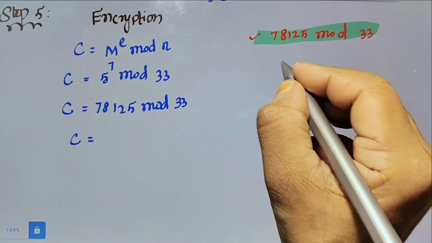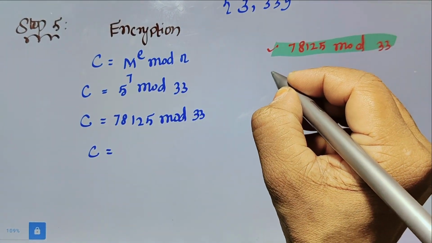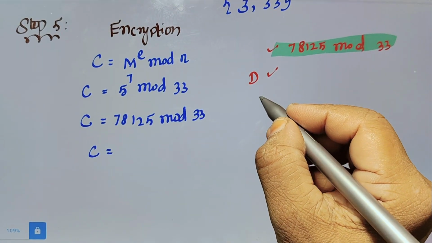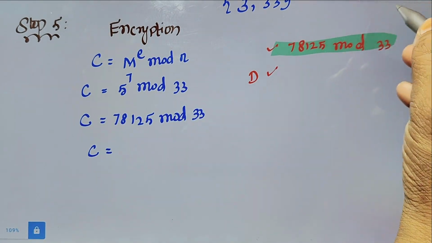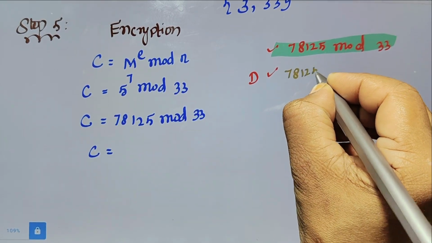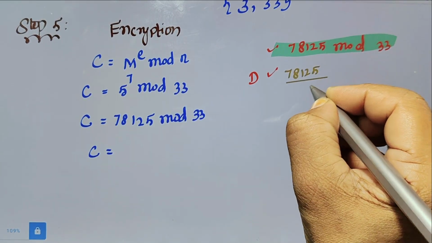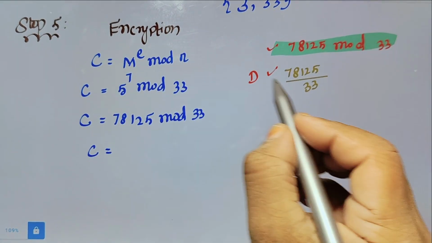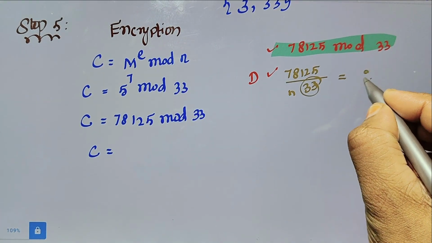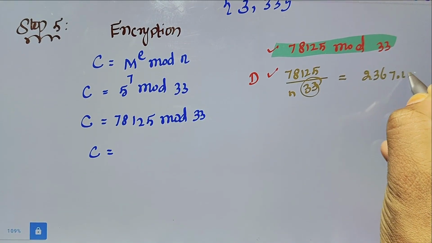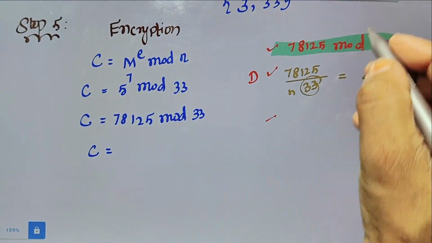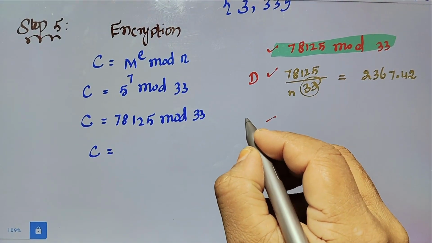Okay. Here three steps follow. First division, next multiplication, next subtraction. First division: 78125 divided by 33, this is the n value, equal to 2367.42. Here next step, multiplication.